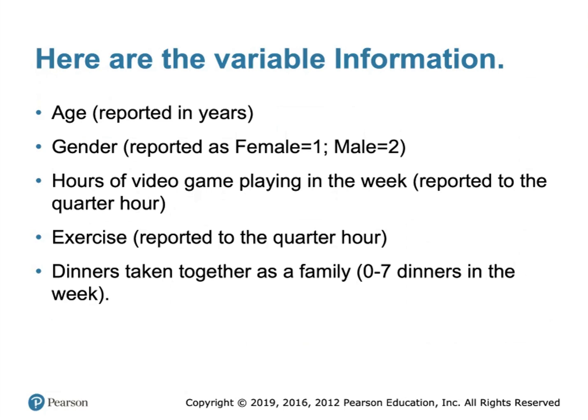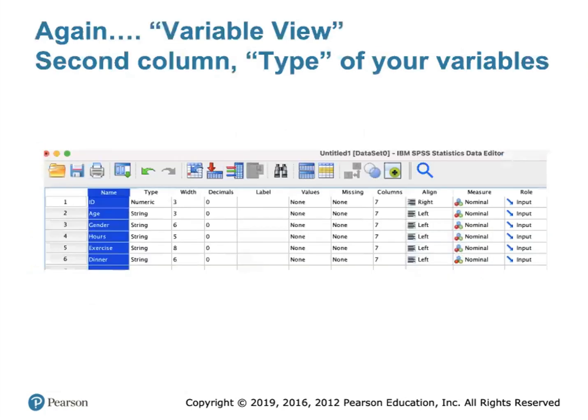So 7 days a week, the maximum will be 7 dinners together and 0 dinners together. So that's the brief information of our variables from our worksheet.